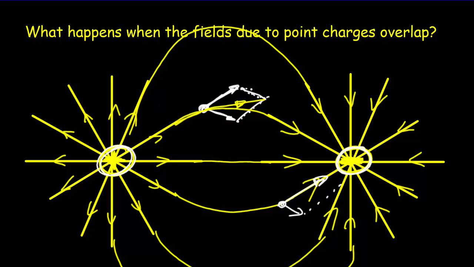I'd complete my parallelogram rule, and I would get a resultant electric field vector that's tangential. It would be tangential to the electric field lines.